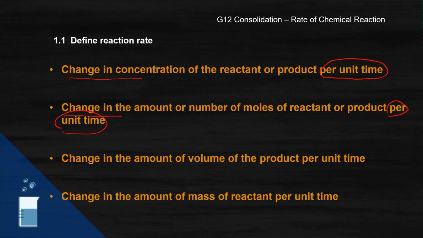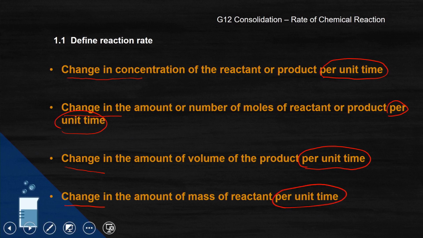The third one, change in the amount or volume of the product that is being produced per unit time, and change in the amount or mass of reactant which is being used up per unit time. You choose one that you're going to use.